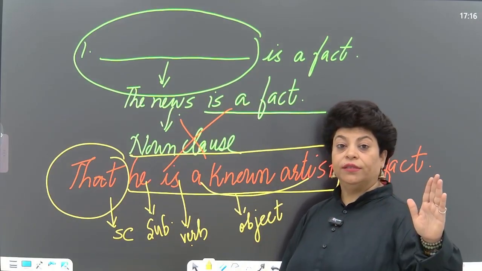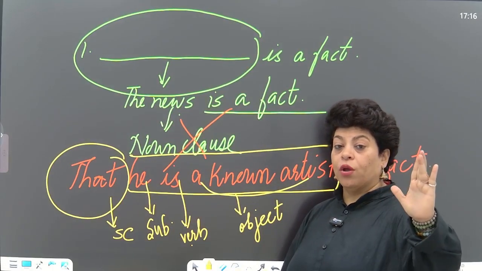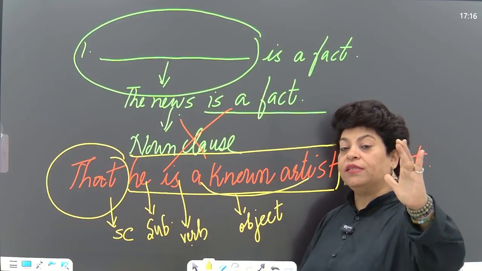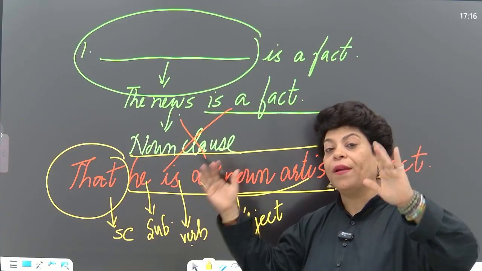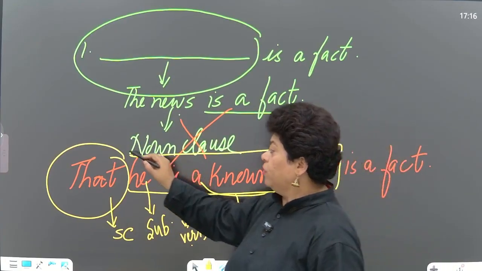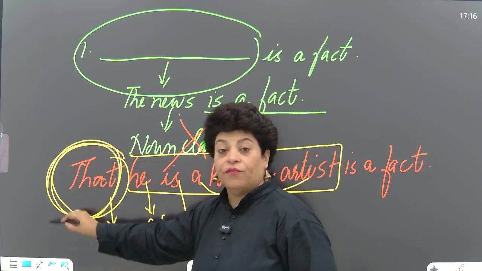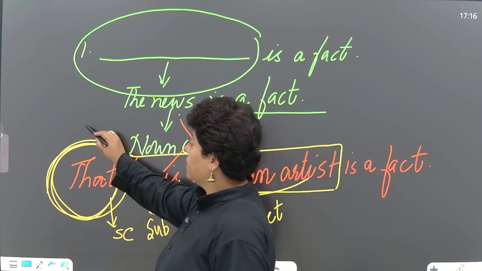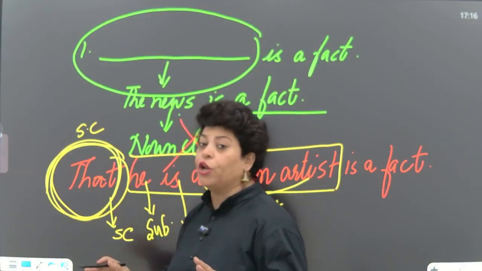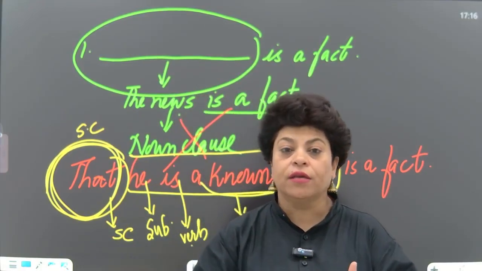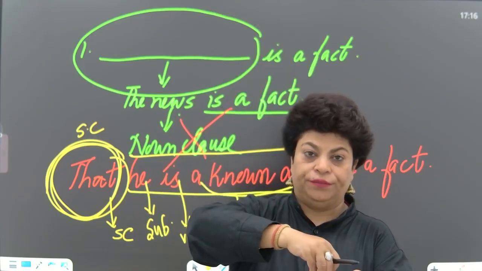But here we go. What is the word that is making the whole sentence independent or dependent? That. Very right. That is the only word which is acting like a subordinating conjunction.